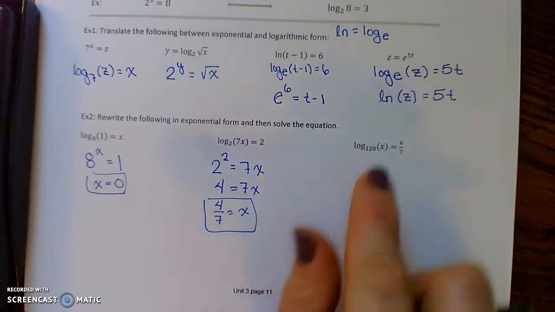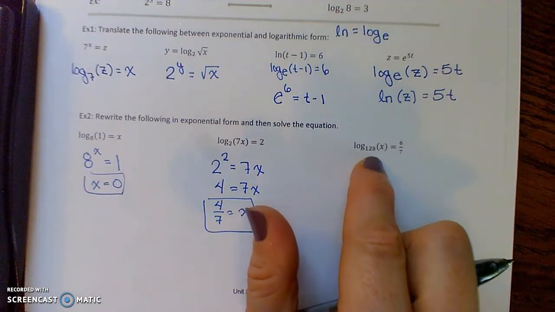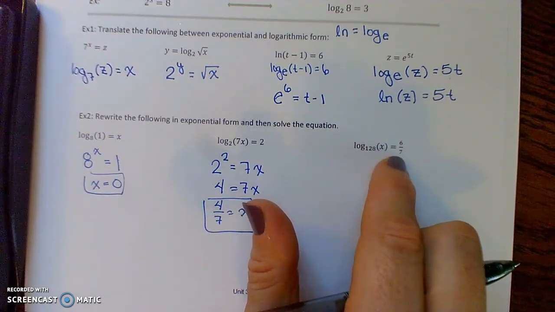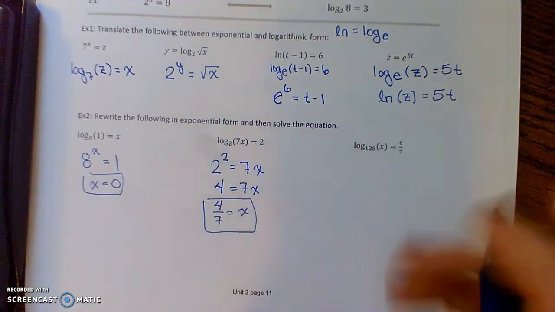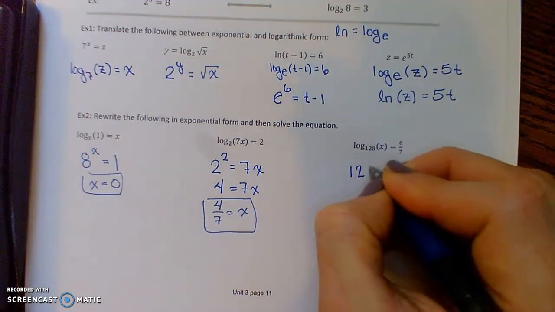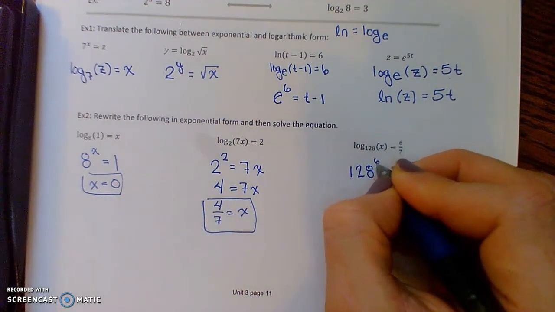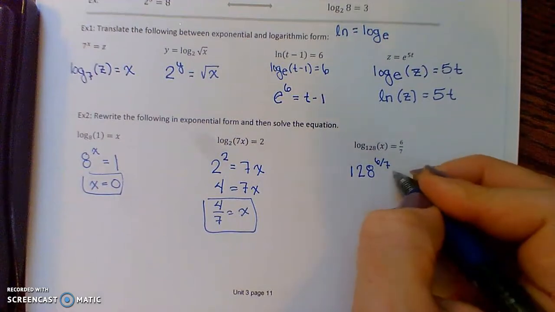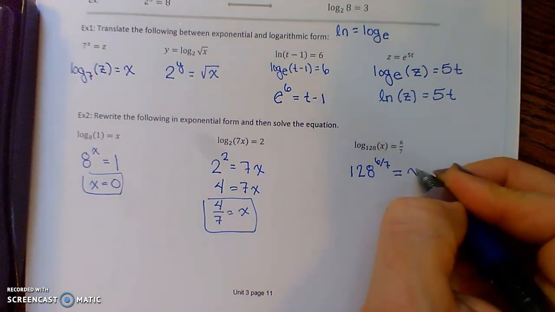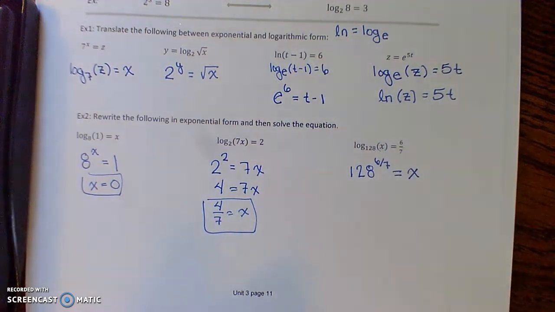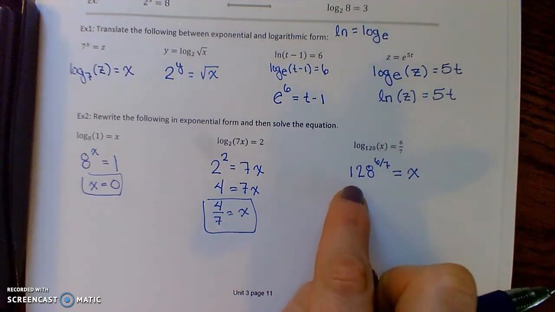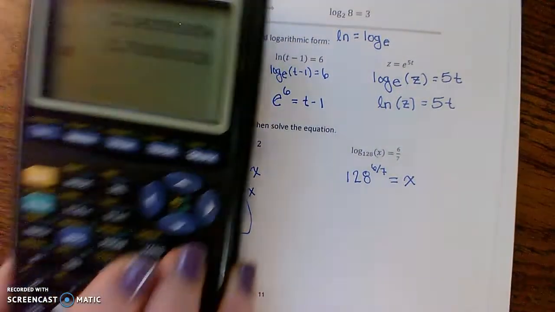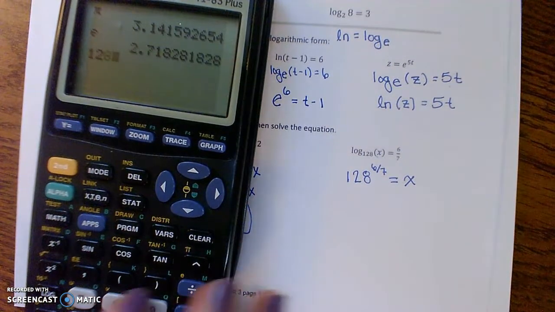Let's do one more: log base 128 of x equals 6/7. This is log base, answer equals exponent. So I take the base, raise it to the 6/7 power, and set it equal to x, the answer. That's perfectly fine, this is the number 128 to the power 6/7. I can get a decimal approximation.